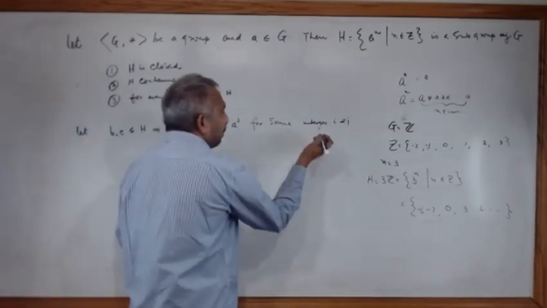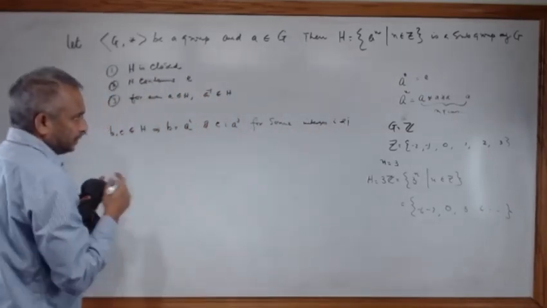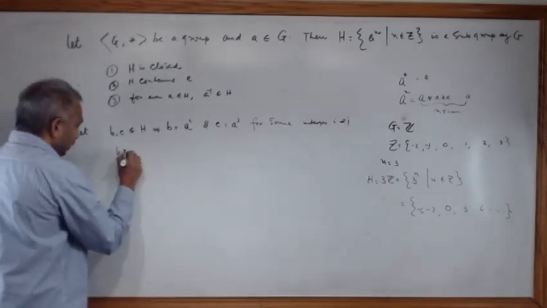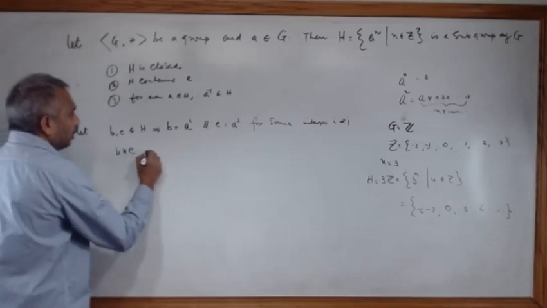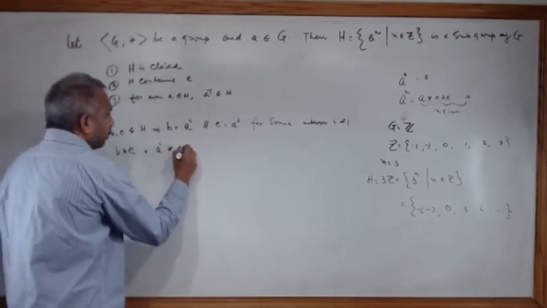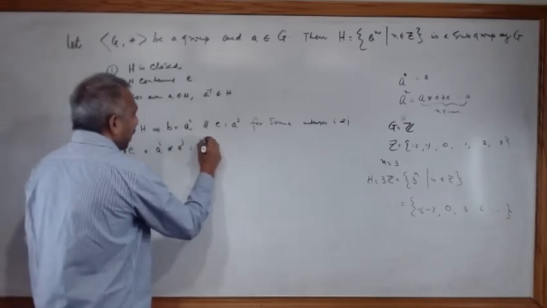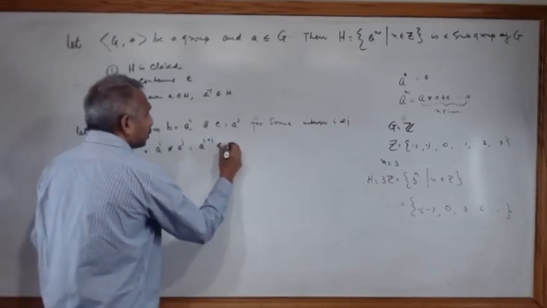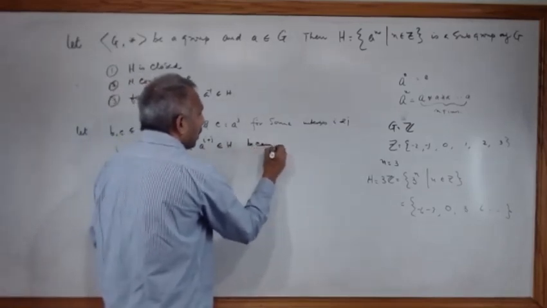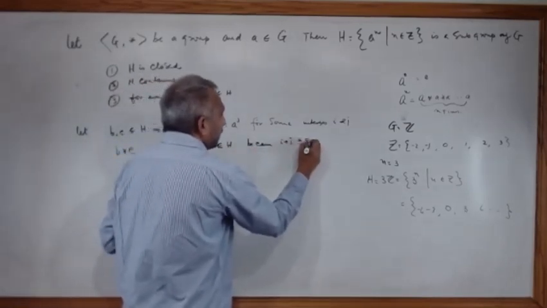It can be any integers. So that means b times c is equal to a to the power of i times a to the power of j, and that is equal to a to the power of i plus j, and that belongs to H because i plus j is an integer.